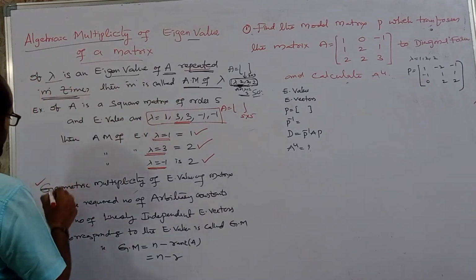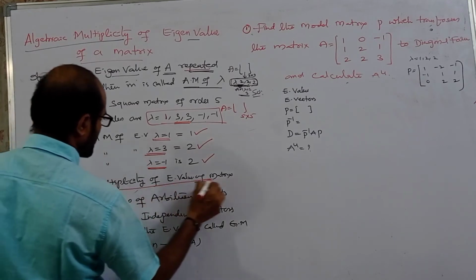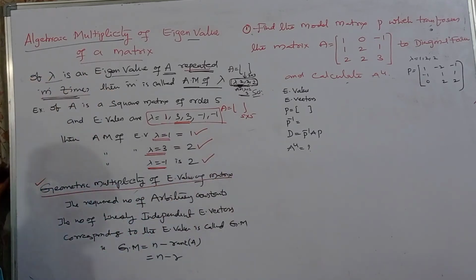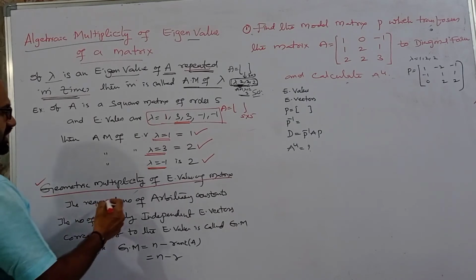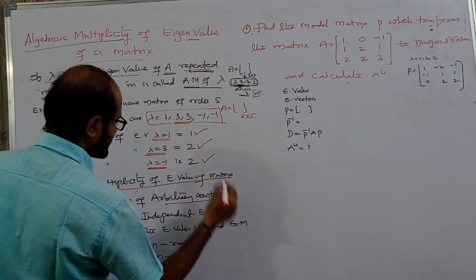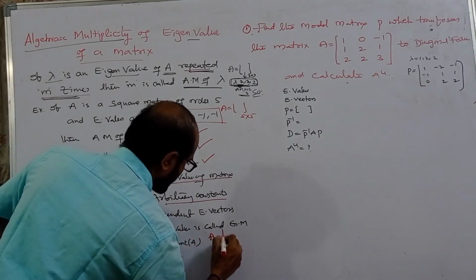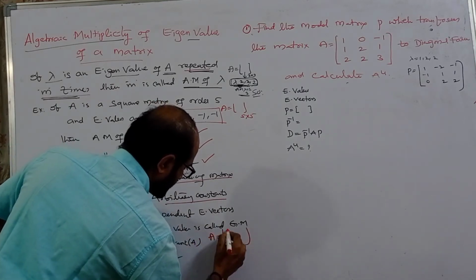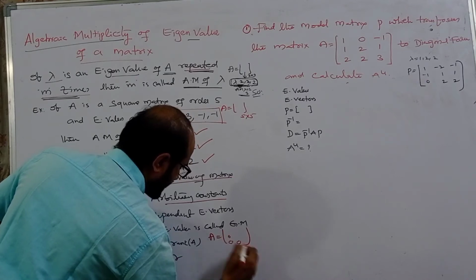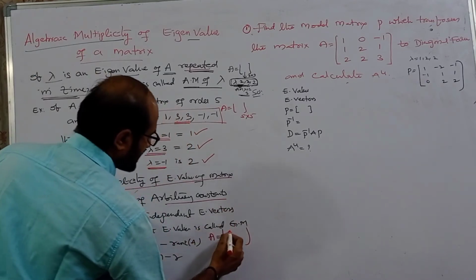Now the second definition, geometric multiplicity of eigenvalue of a matrix. Geometric multiplicity is nothing but the required number of arbitrary constants. See, after reducing the matrix into echelon form or upper triangular matrix, then you can find the rank of the matrix.